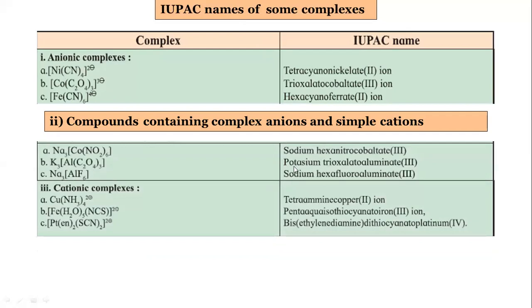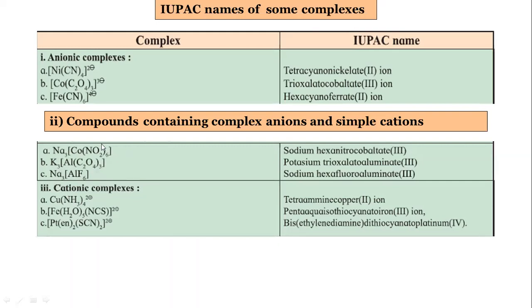Now I am coming to the compounds containing complex ions and simple cations. So we will take this example. If you see on the left hand side, this sodium is there, this potassium is there, then again sodium is there. So if these counterions are present, I already explained on which side? Left hand side, these are the positively charged.